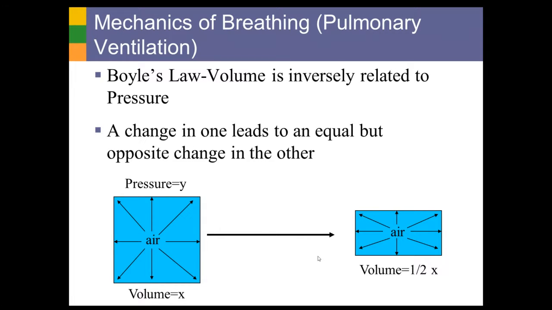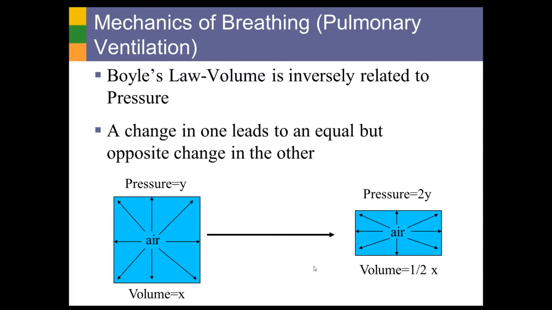Well, that air is now going to be pushing at twice the pressure on the surfaces of that container. So if we decrease volume to 1/2 X, what's going to happen to pressure? Again, if we decrease the volume, cut it in half, what's going to happen to the pressure at which that air is pushing?